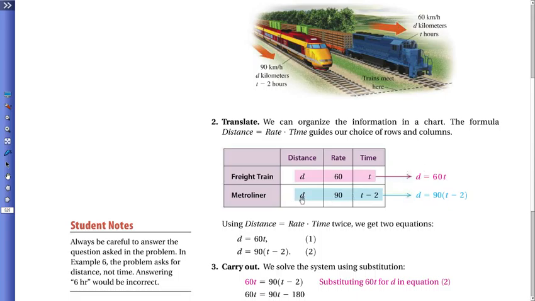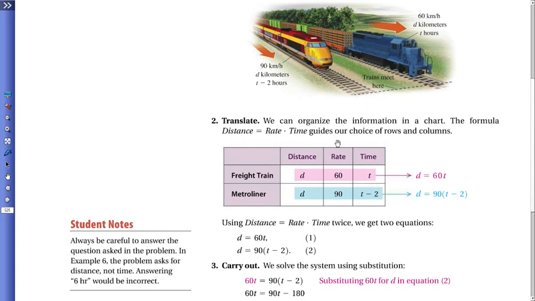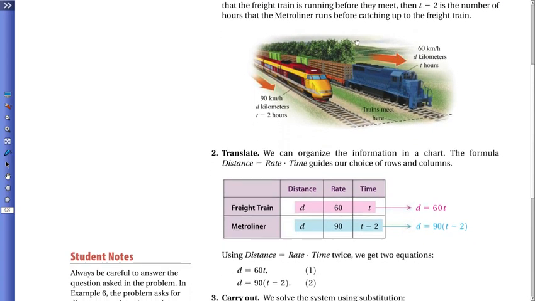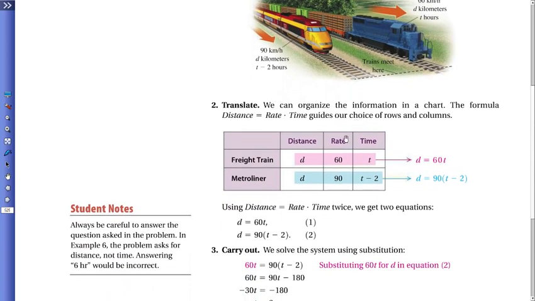Well, the equation for the Metroliner would be the same d equals 90 kilometers per hour, and then the time is going to be 2 hours less because it starts out 2 hours later. So we end up with these two equations, both using distance equals rate times time. The real tricky part is to get the relationship between their times with this difference of 2 hours that happens because of their start times.